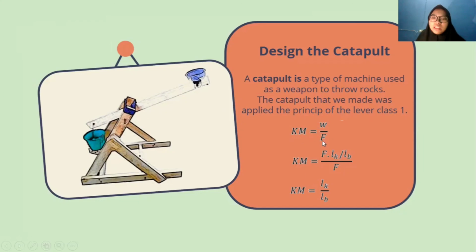The mechanical advantage formula is the force arm divided by the load arm. So we extended the force arm and made the load arm shorter. So this is how we designed the catapult.